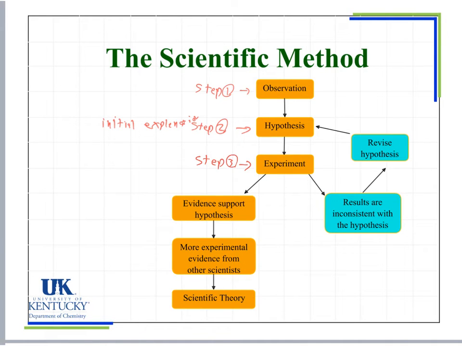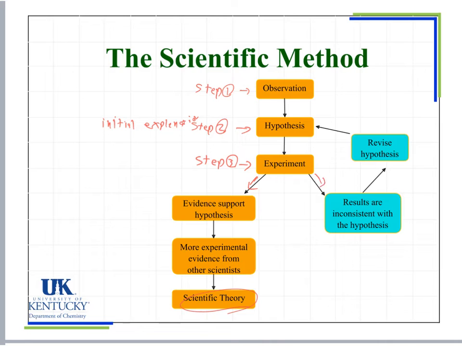So there are two possibilities with your experiment. Your experiments either prove and support the hypothesis, so that's this way. If the evidence supports the hypothesis, then usually we have more and more experiments, so you check all the aspects of your hypothesis, and if all the experiments support the hypothesis, then it becomes a scientific theory.